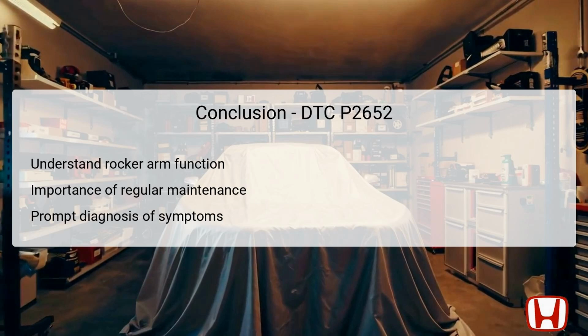Regular maintenance, including oil changes and monitoring oil levels, can prevent many of these problems altogether. Additionally, being responsive to symptoms such as the check engine light or changes in engine performance is crucial for timely repairs. Learning to recognize these signs can save vehicle owners from more significant damages and costly repairs down the line.